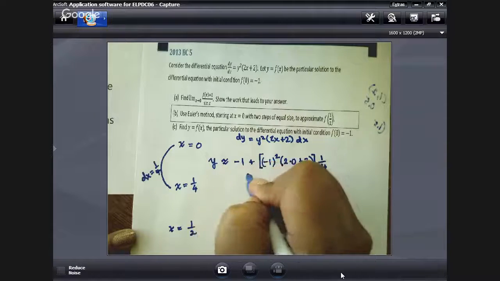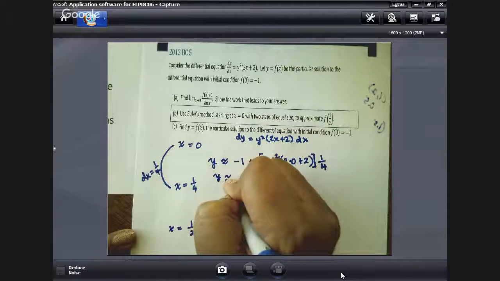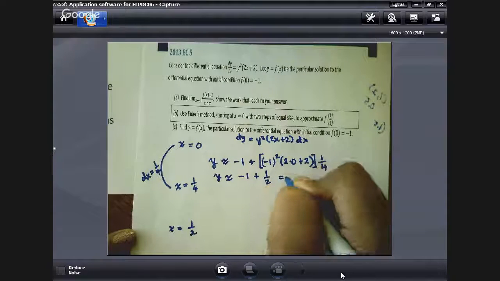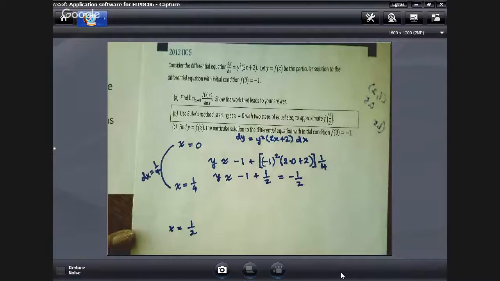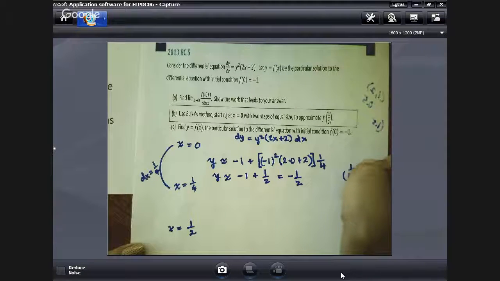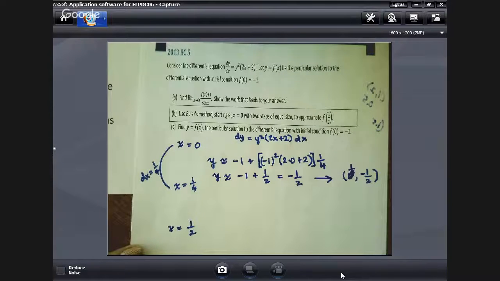So my new y coordinate is -1 plus a half, or -1/2. So now we have a point, not 0, sorry, 1/4, -1/2, which would be my first estimate.